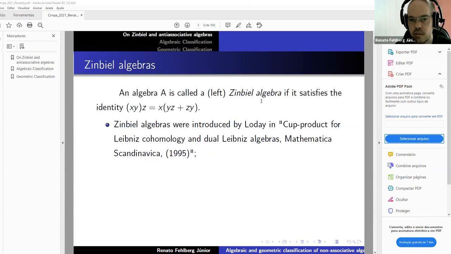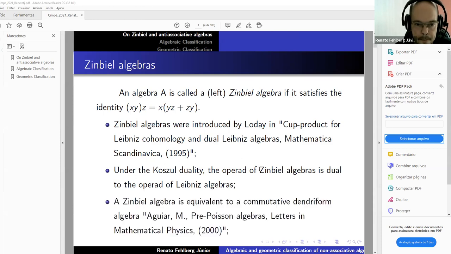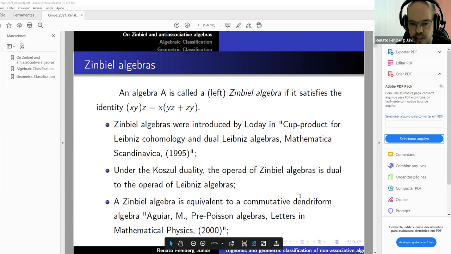A Zinbiel algebra, or left Zinbiel algebra, is an algebra that satisfies this identity. These algebras were introduced by Loday in this paper. Under the Koszul duality, the operad of Zinbiel algebras is dual to the operad of Leibniz algebras. In this paper of Aguiar, it was proven that a Zinbiel algebra is equivalent to a commutative algebra with a certain structure.